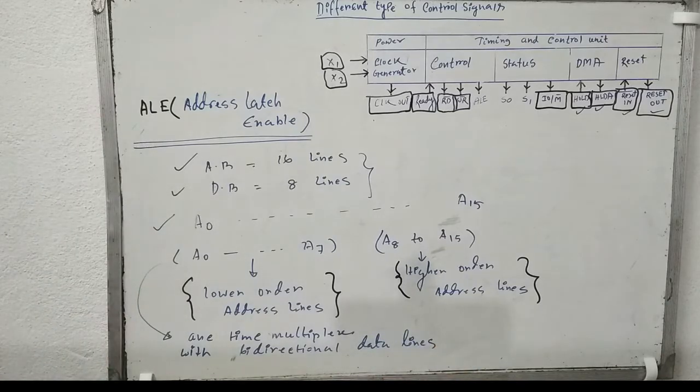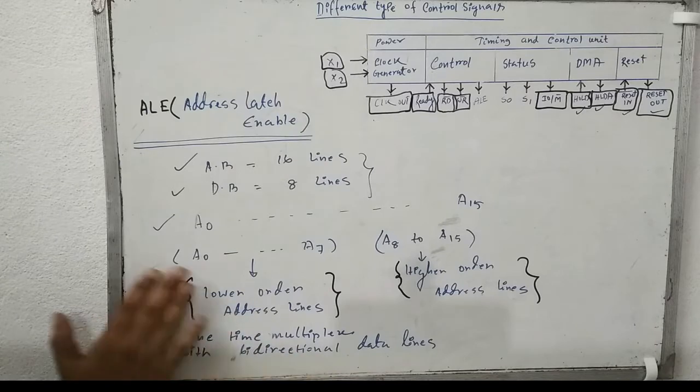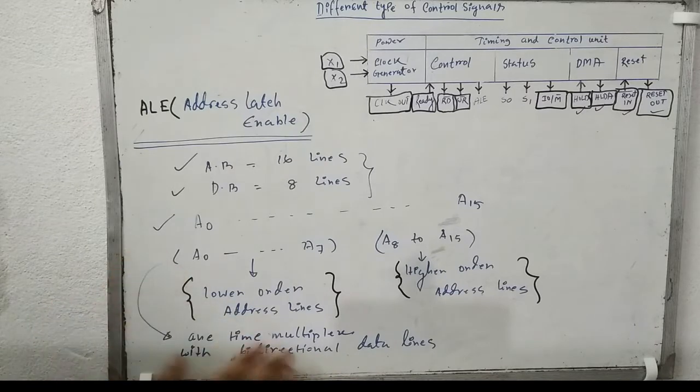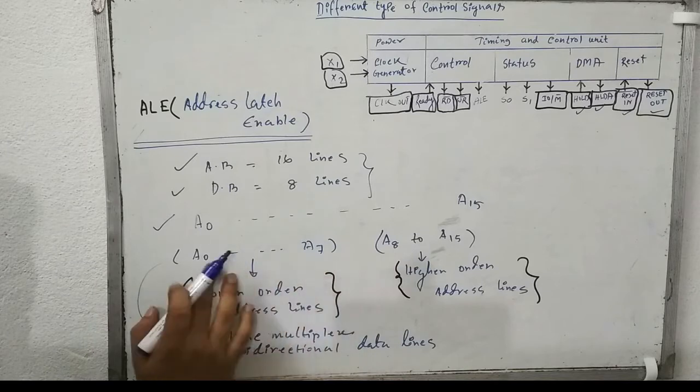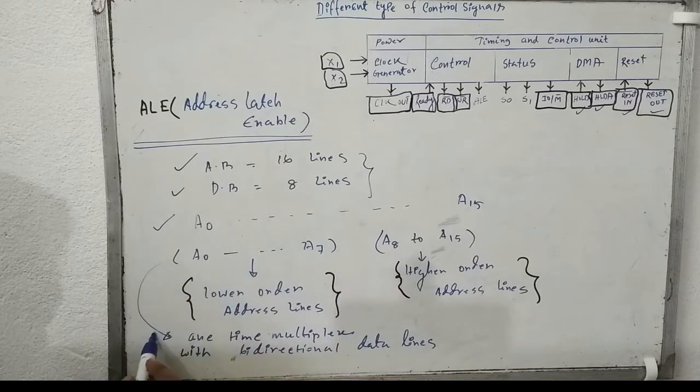So when we multiplex these lower order address lines with the bidirectional data line, instead of A0 to A7, we will write it as AD0 to AD7. So these are the 8-bit lines.